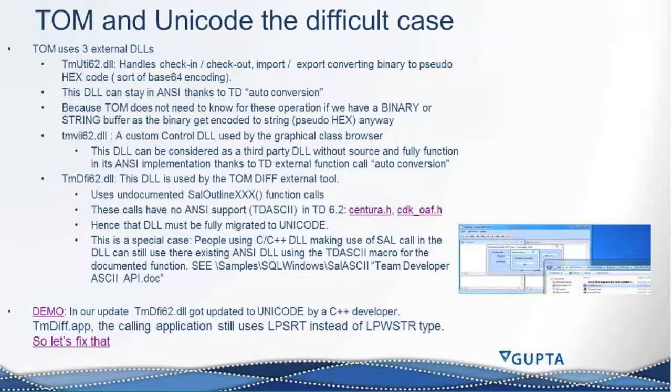So another DLL is being used for the graphical browser tool. It's a custom control DLL used by the graphical browser. Basically, we consider this as a third-party DLL, and we don't have the source code for that. But as it is, it's an ANSI implementation. Everything seems to work thanks to TD auto conversion for function calls.